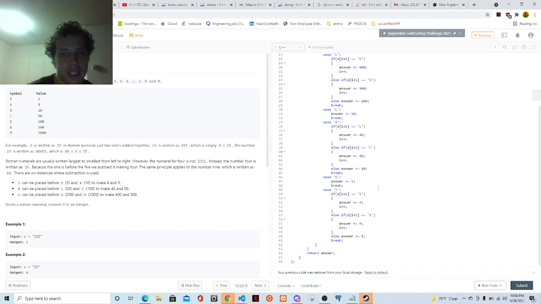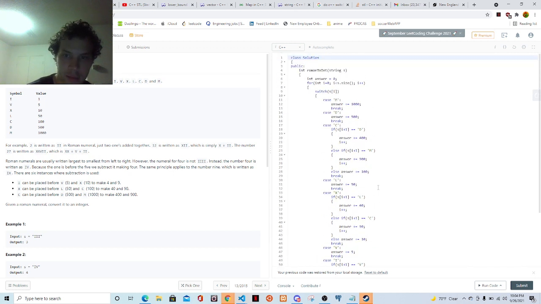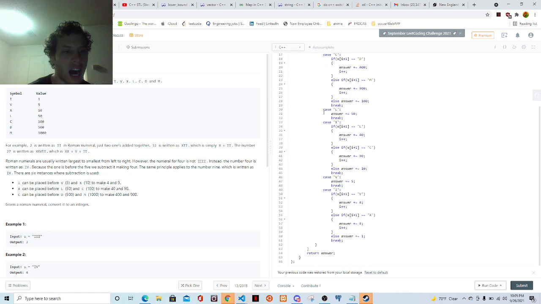There may have been a cleaner way to do this, other than the way I did it. For example, 4 is IV. The way I handled that was if there is an I in the letter that it's iterating on, then it'll check the next letter.